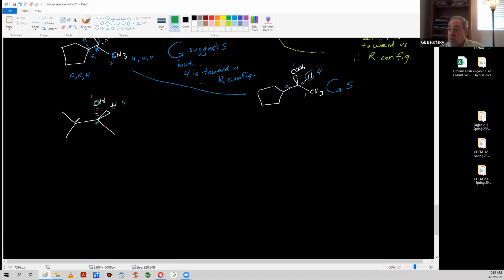CH3, C bonded to carbon, carbon, implied hydrogen. This is going to be 2 and 3. 1 to 2 to 3 counterclockwise, but with H toward us, it's not S, it's R. So counterclockwise S, but R because group 4 is toward us.